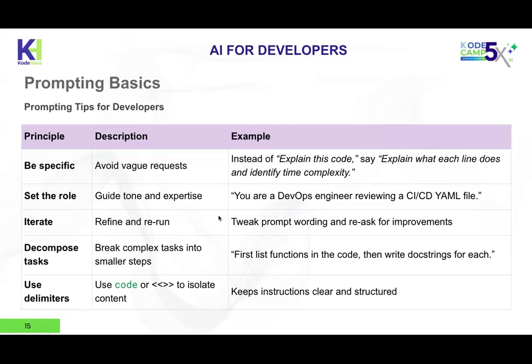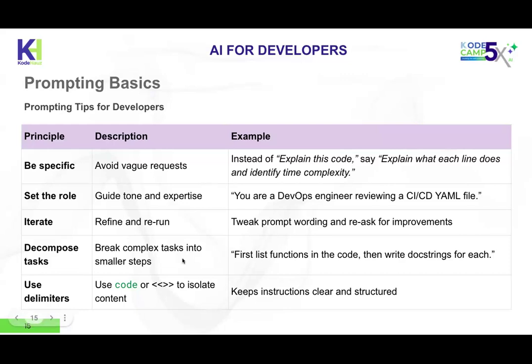Iterate, refine, and rerun. So if you do a prompt and it doesn't give you what you want, you can fine tune the prompt, run it again, and you keep doing that, asking for improvements. Decompose the task. That is prompt chaining, basically. If the task is complex, break it down into smaller steps and send each step as a separate prompt, so that the LLM will be better able to do it, because with a smaller task, it doesn't have to carry so much information.